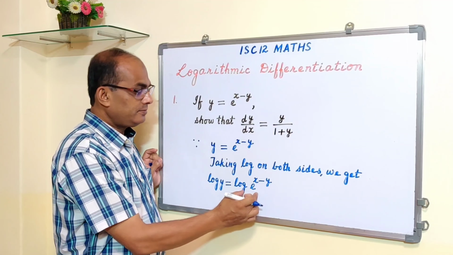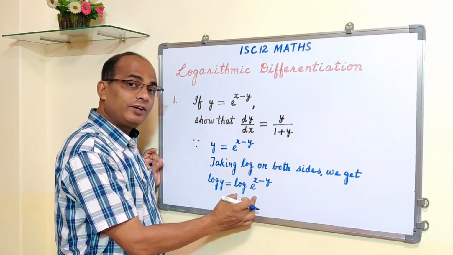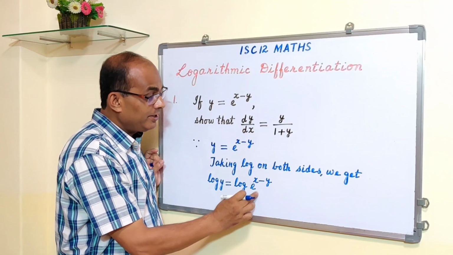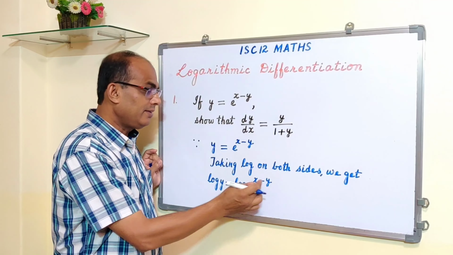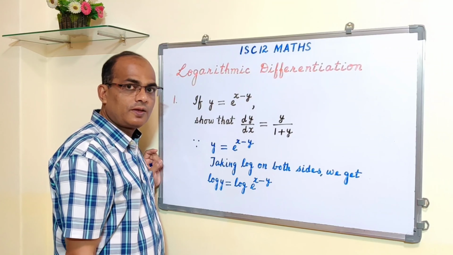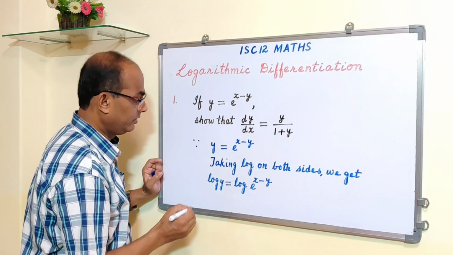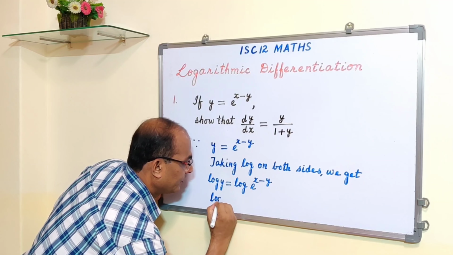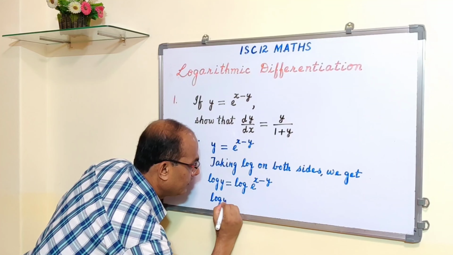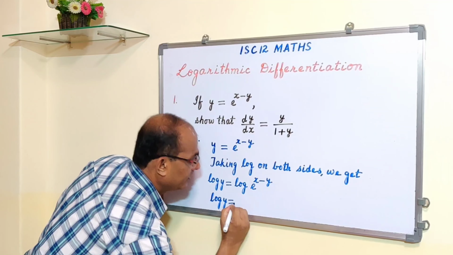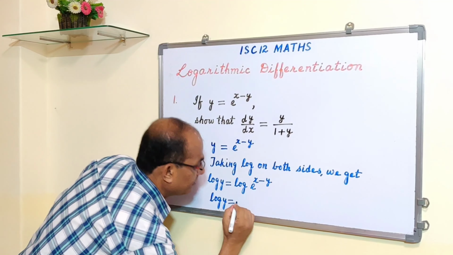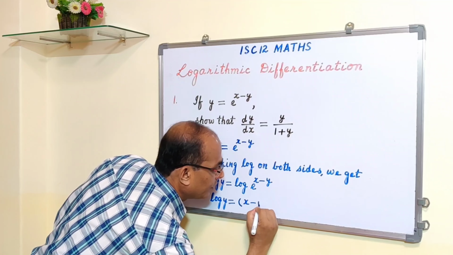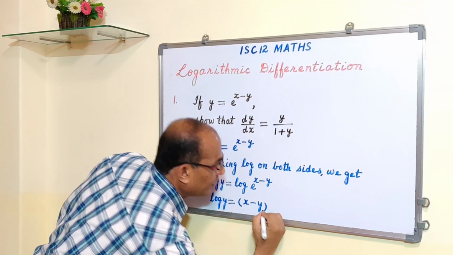Now, here we'll apply the formula that we have learnt in class 9. Log m raised to the power n is equal to n log m. So this we can write down: log y is equal to x minus y, log e.